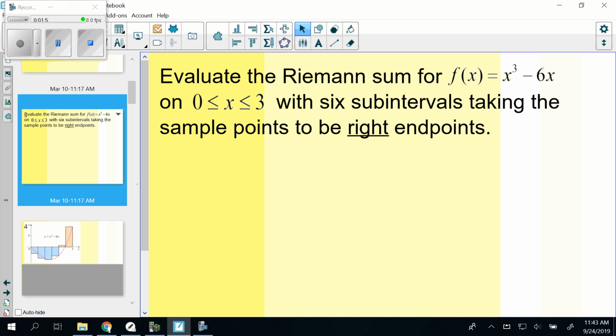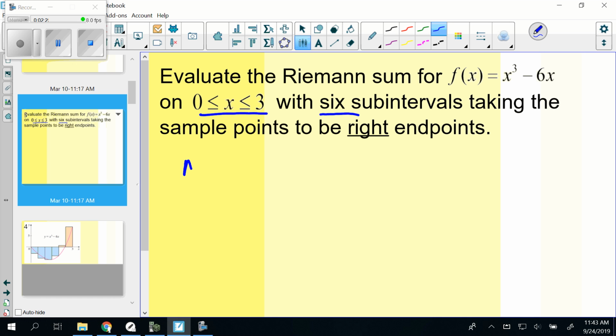All right, so let's kind of just review. This one wants us to evaluate the graph of f of x equals x cubed minus 6x on the interval from 0 to 3 with 6 sub-intervals, taking sample points to be the right endpoints to approximate this. Okay, so first we've got to figure out what's our change in x going to be? How wide are these going to be if we're going to use 6 sub-intervals on this interval?